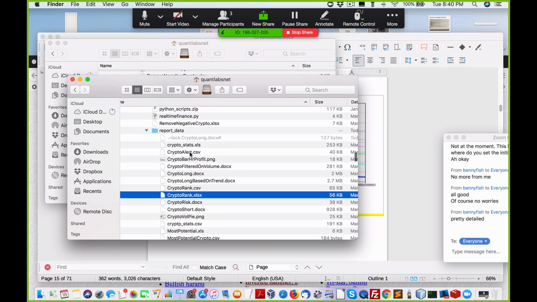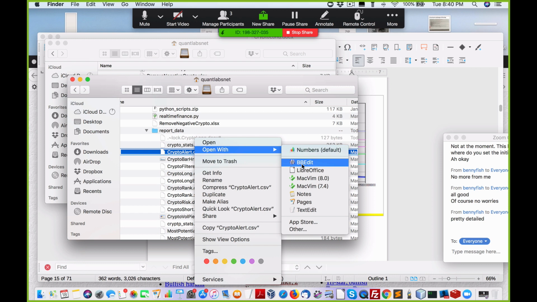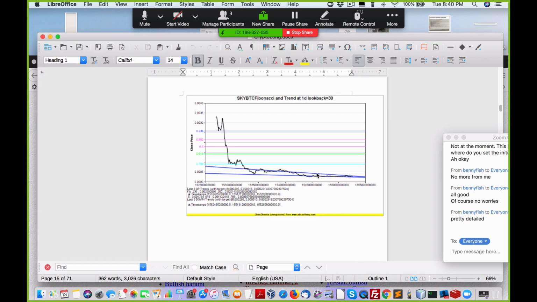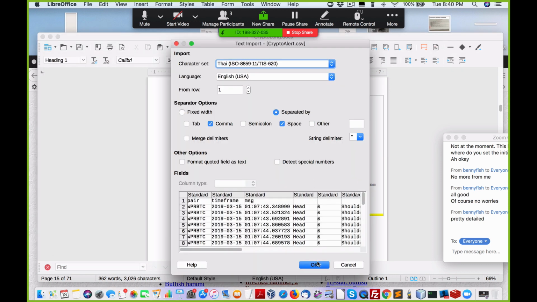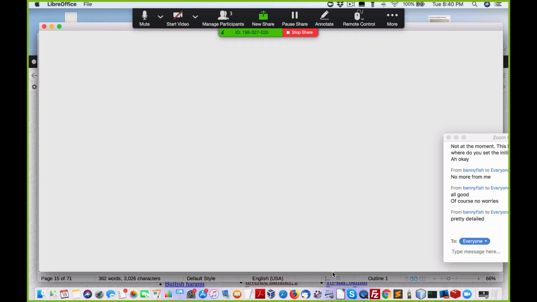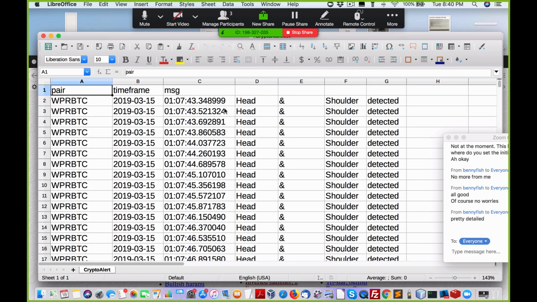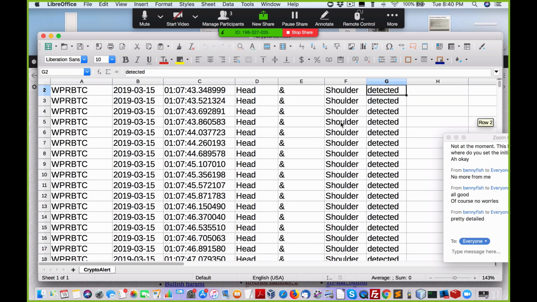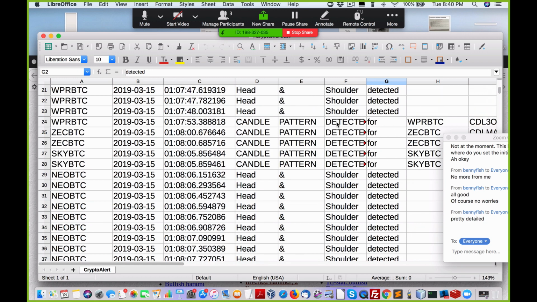I have what I call an alert. It's a text file showing you when it detects patterns at the time, and the pair. So back in March, I could have it say, oh, we've detected a head and shoulders at this time. We also can track patterns as well.